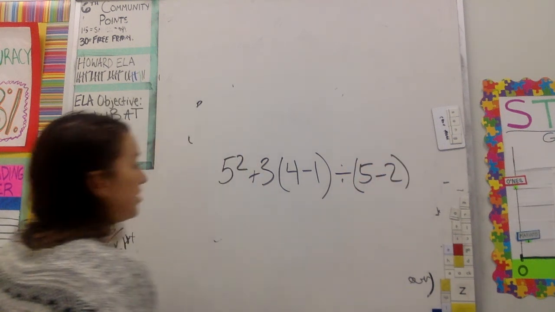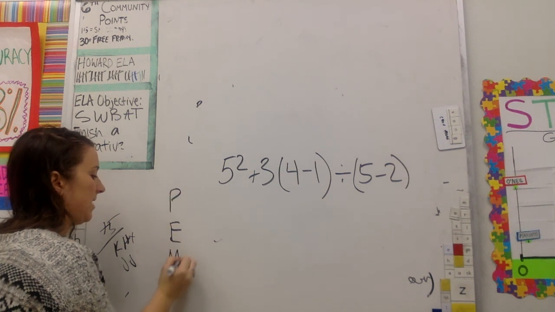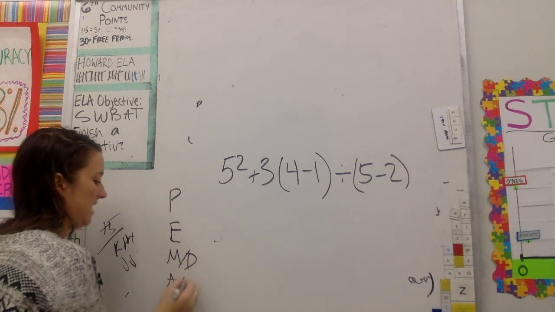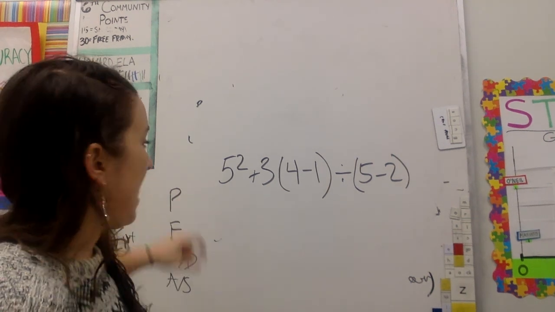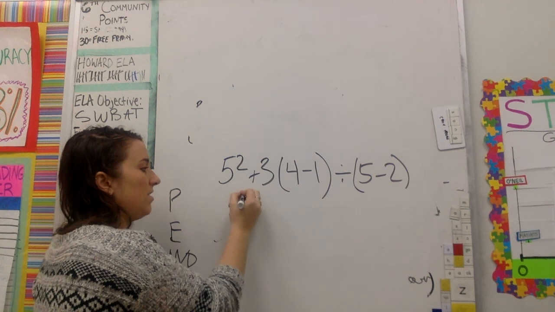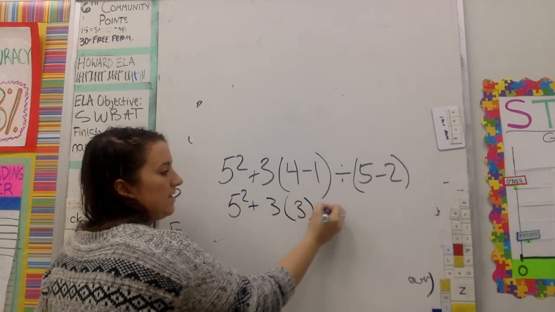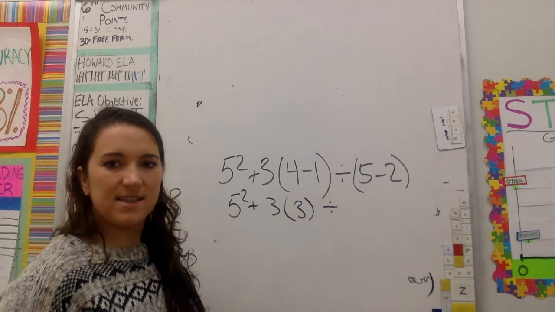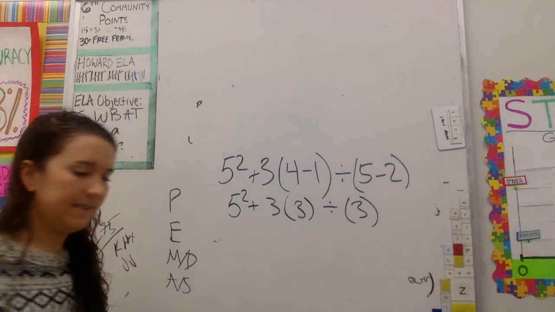I'm going to write my checklist on the side: parentheses, exponents, multiplication/division, addition/subtraction. I'm going to start by solving everything I have in parentheses and rewrite it all. So I have 5 squared plus 3 times, 4 minus 1 becomes 3, divided by, I have another parentheses here that I'll just do now, 3.